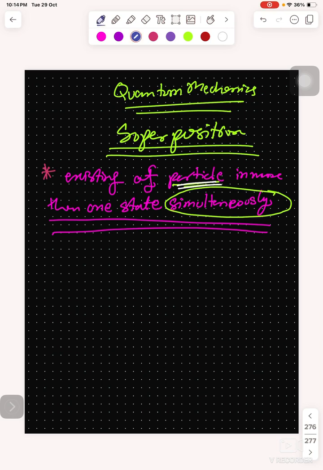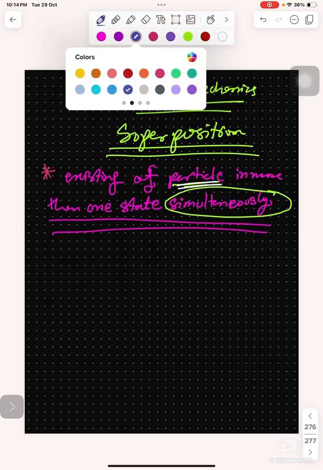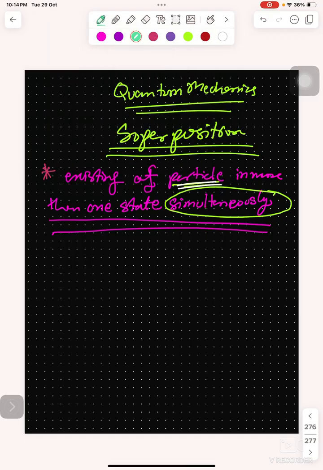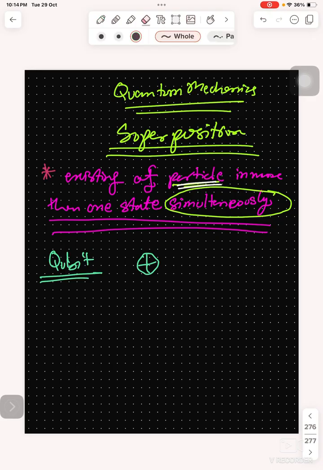That means, let's suppose we have a qubit. Let's suppose this is a qubit, and this qubit has 1 and 0.